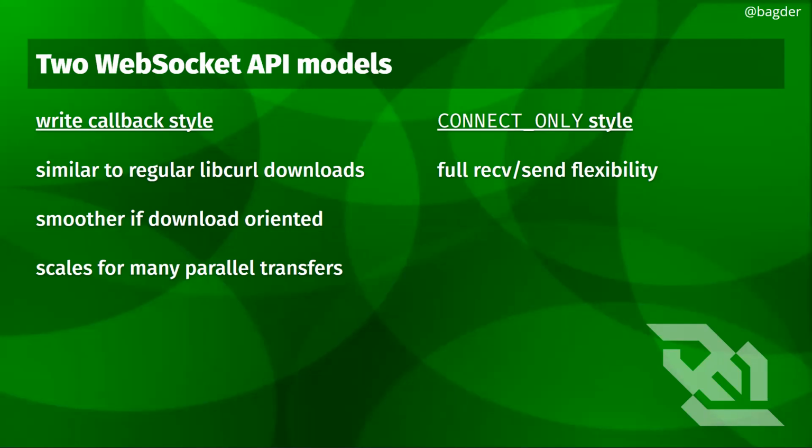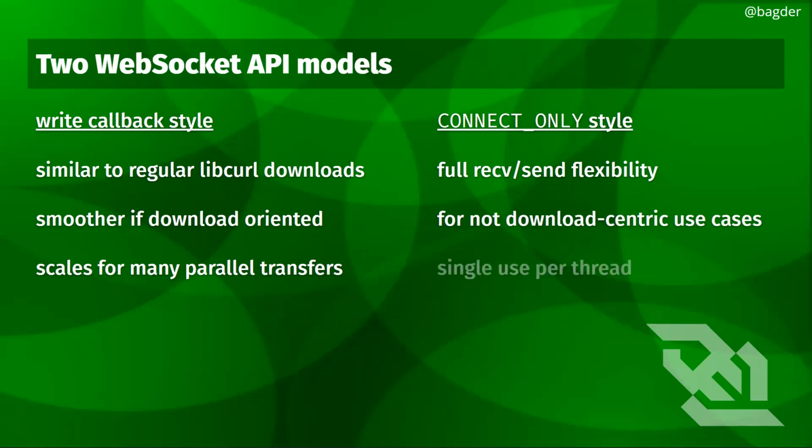You call the send and receive functions whenever you want, send whatever you want, receive data, and check what you get. It's for when you don't have that download-oriented use case, and it makes it harder to do a lot of parallel transfers. Then you probably go with a single use per thread setup or something, possibly.